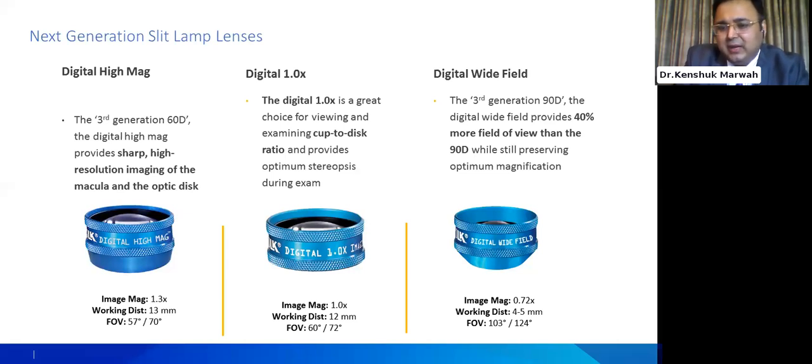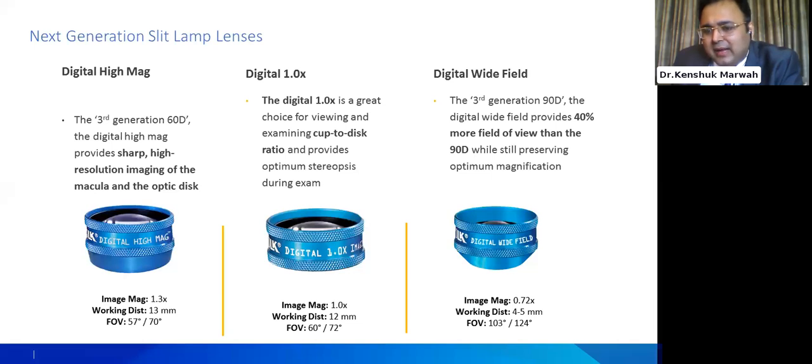Digital Wide Field: some ophthalmologists are not comfortable using BIO. Some people are not trained in doing the indirect examination, and this is a repeated question I get from senior ophthalmologists, my colleagues, that I don't do an indirect. What should I do? I recommend that they take a digital wide field, which gives a much better field of view, approximately 103 to 124 degrees.